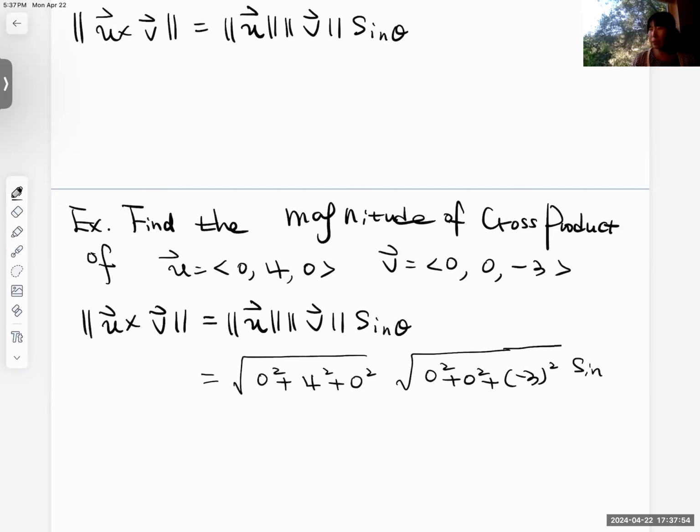How about sine? How can you indicate the sine, the degree? Can anyone guess? What kind of angle do we have to use?